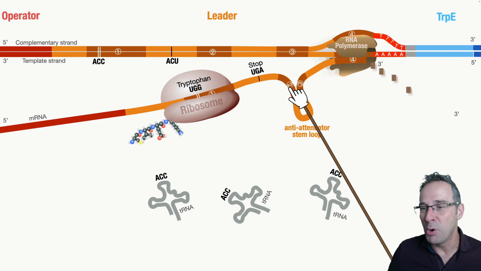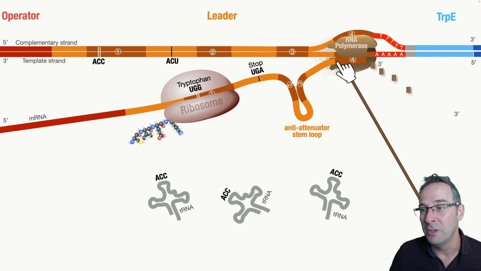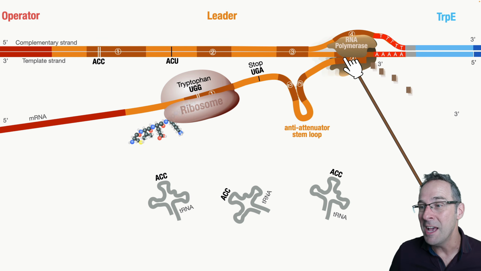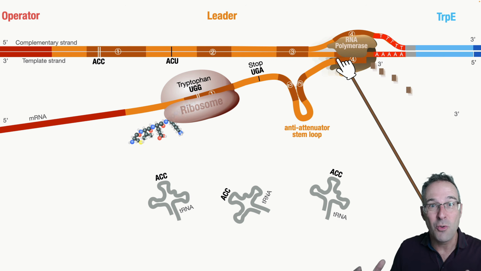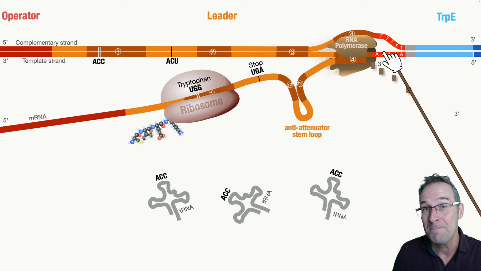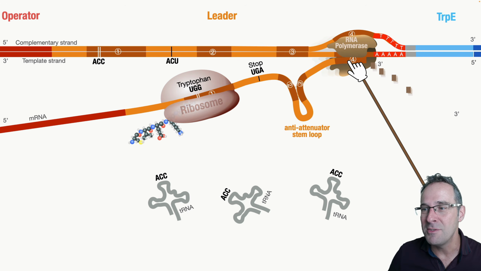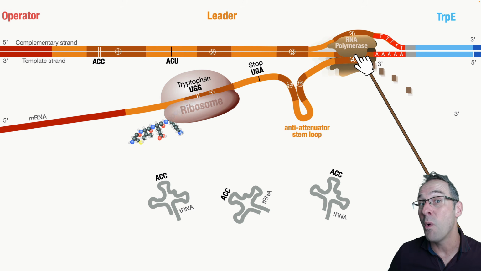And so this tension between regions 2 and 3 doesn't pull the messenger RNA away from the template strand of the DNA, because this is region 4 here, and there's a lot of cytosine and guanine in there. It's held together much stronger than the attenuator region would be with all of its uracil and adenine. So the tension here is not enough to pull the messenger RNA away from the DNA.